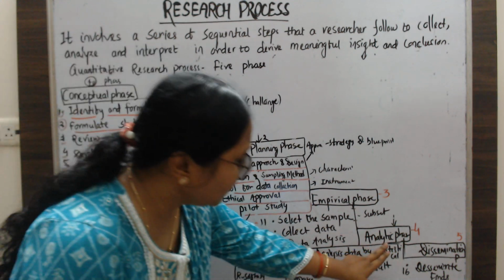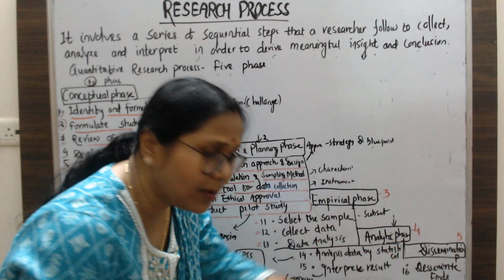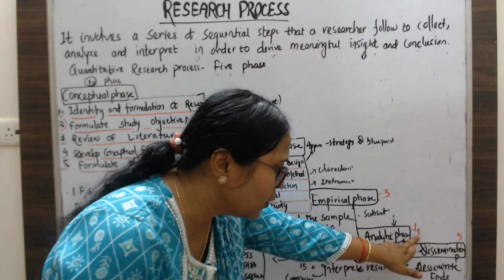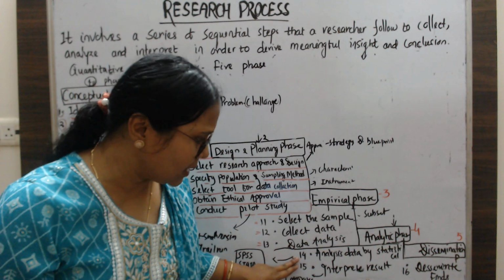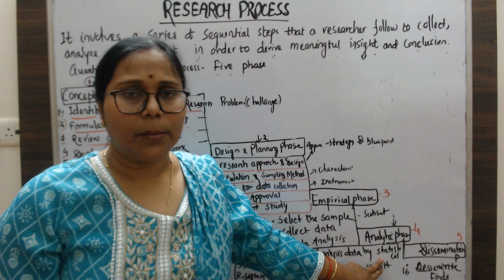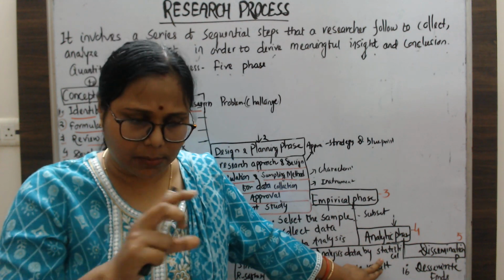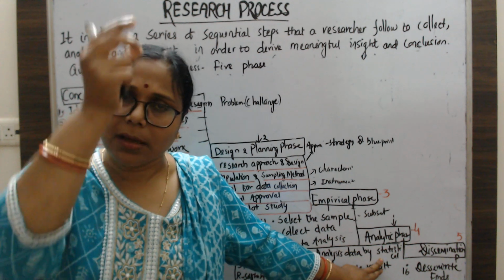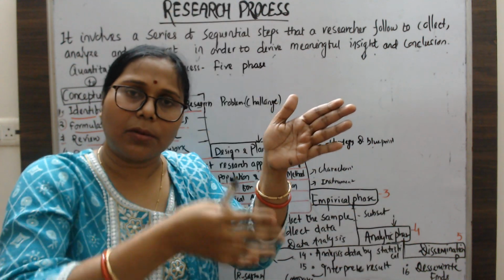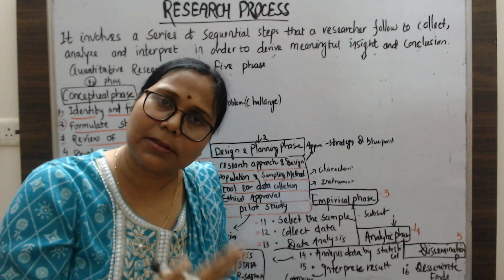Next, the 4th phase, that is the analytic phase. Here the data is already collected, and now you analyze the data. First, the 14th point, the analysis of data by statistical methods. We already have the coded master sheets, where all the data is entered as codes 1, 2, 3.